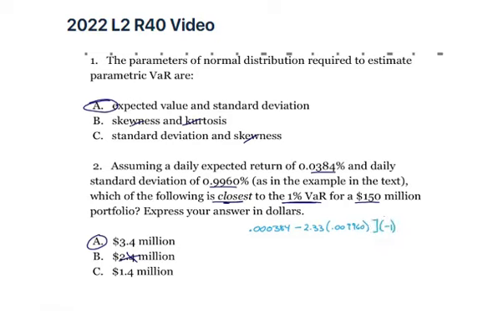Let's multiply by -1 to turn it positive, and multiply all that by the value of the portfolio, and we will get 3.42 and change million. We don't have to go much further than that because 3.4 million jumps out at us.